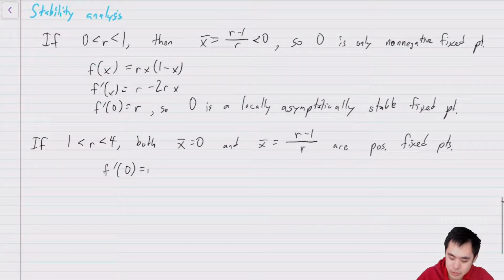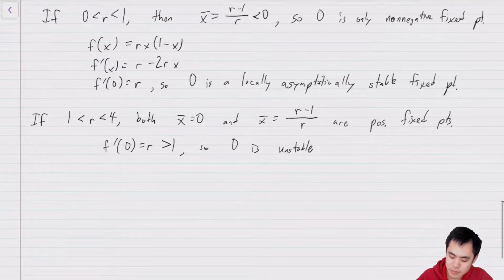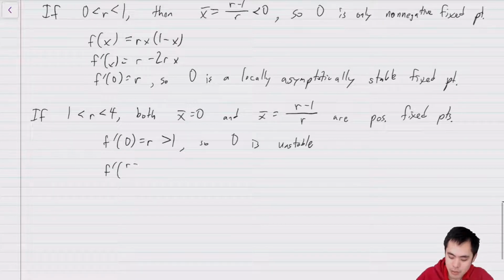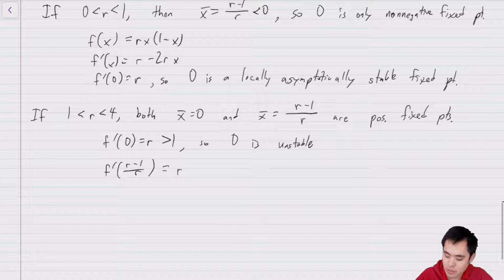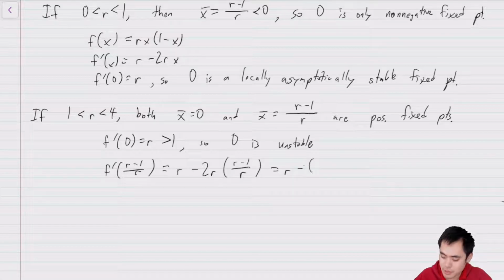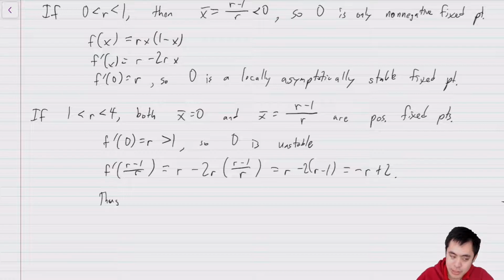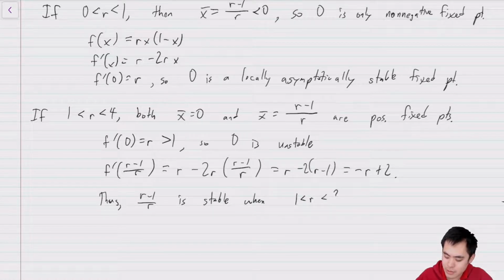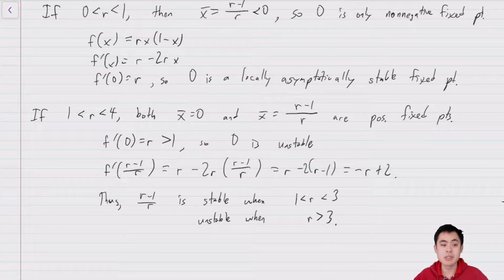So f'(0) = r, which is greater than 1, so 0 is now unstable. f'((r - 1)/r) = r - 2r(r - 1)/r, which is equal to r - 2(r - 1), which is equal to -r + 2. Okay, so (r - 1)/r is stable when 1 < r < 3, and it's unstable when r > 3. And this is all just by using the first derivative test.